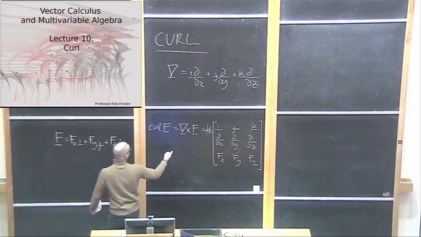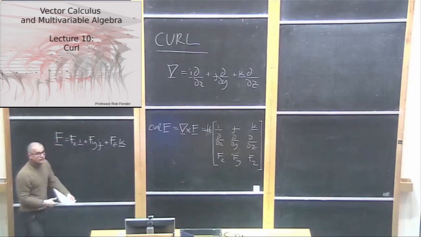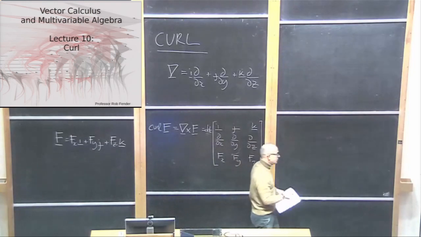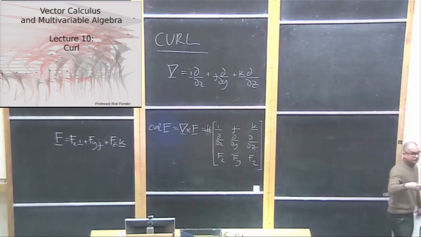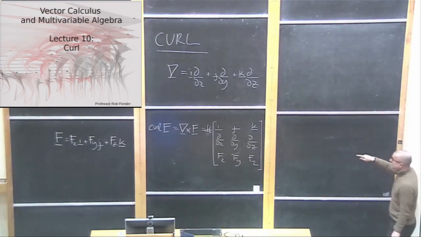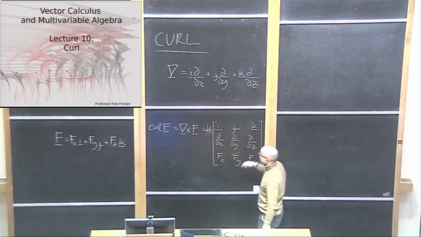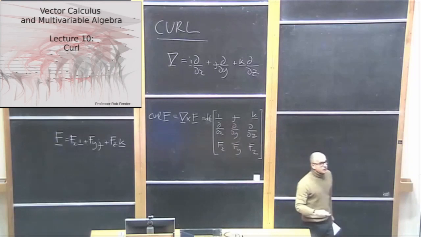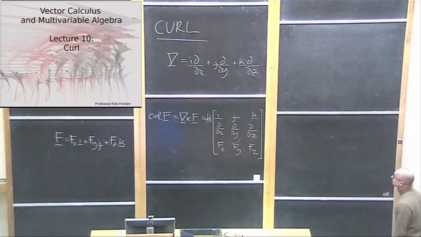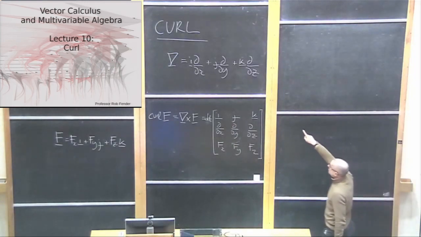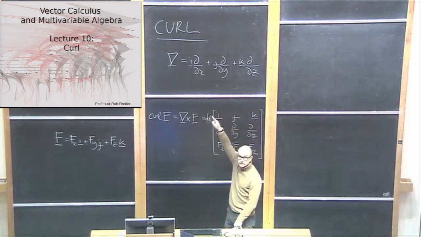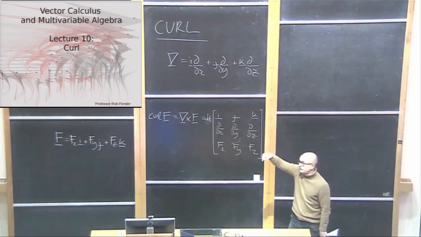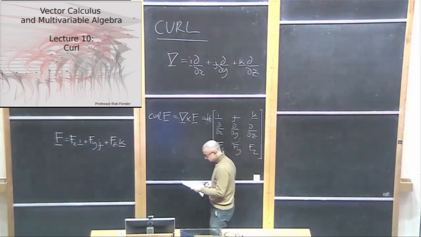And you can see that it is, in a very real sense, just the cross product of this vector operator with the components of your vector field, in the same way that the divergence really is the dot product of the Nabla operator with your vector field. So sometimes people have trouble remembering the definitions of grad, div, and curl. But all you really need to do is remember the form of that vector operator, and remember that one is just a simple operation on a scalar, one is the dot product, and one is the cross product.